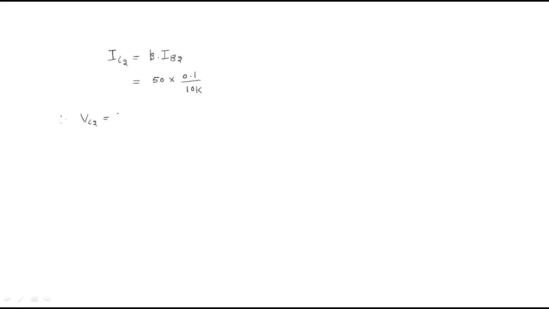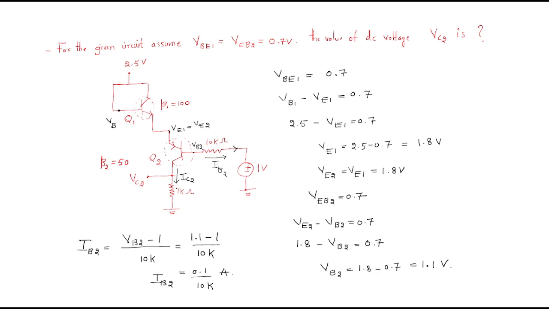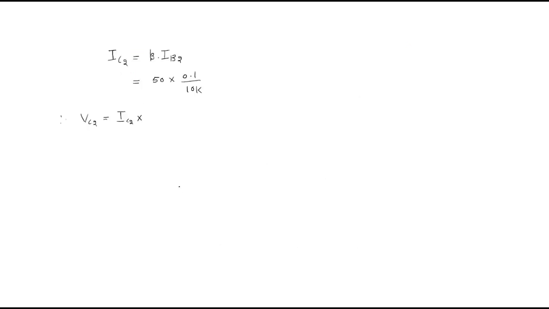So from this we can find out the VC2. VC2 equals IC2 into the resistance. Here this is the IC2 and this resistance. So IC2 is, not 50, this is 5 by 10k, into the resistance.